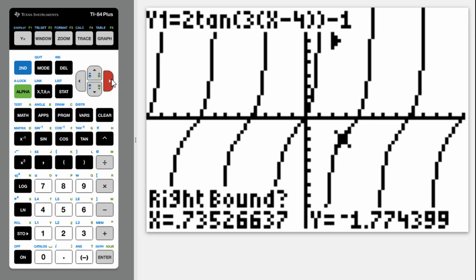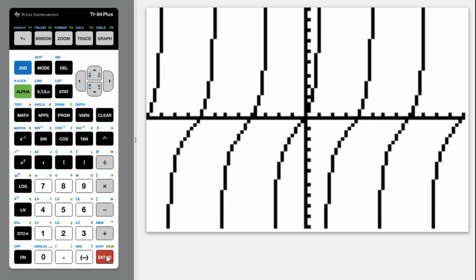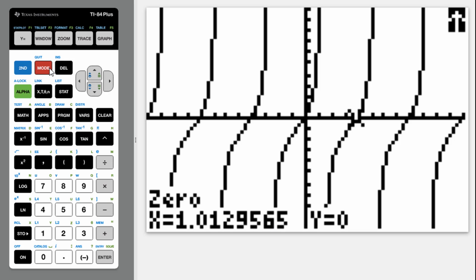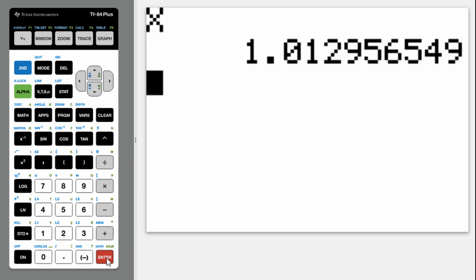Then right bound. Enter. Enter. So we get this 1.012956. Quit. Put the x, enter.